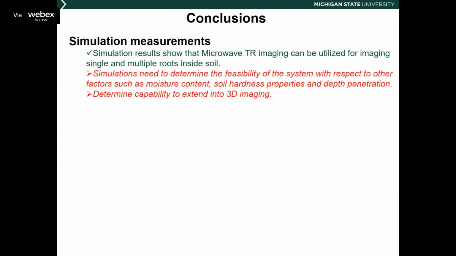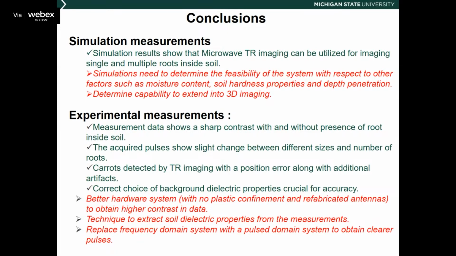So some conclusions we can draw from here: we have had simulation experiments done. Previous results show that microwave TR imaging, transmit-receive imaging, can be utilized for single and multiple roots inside the soil.